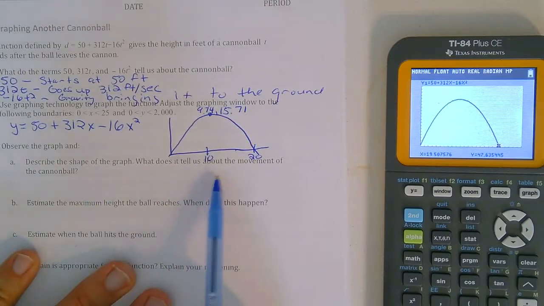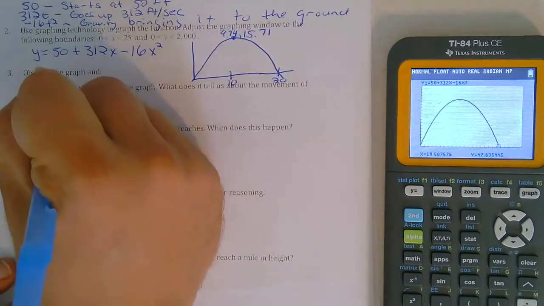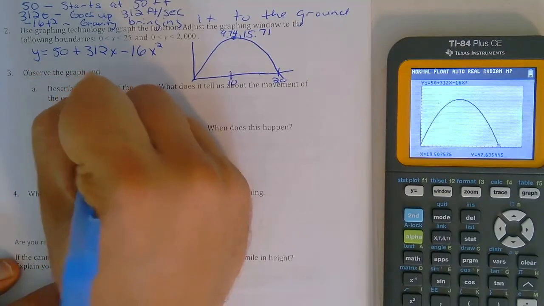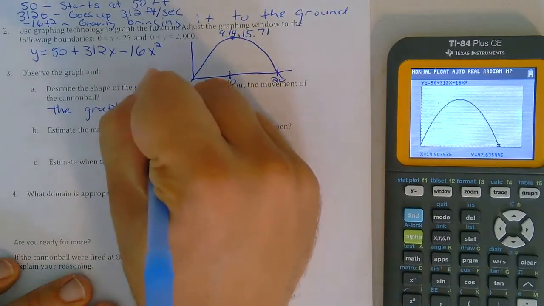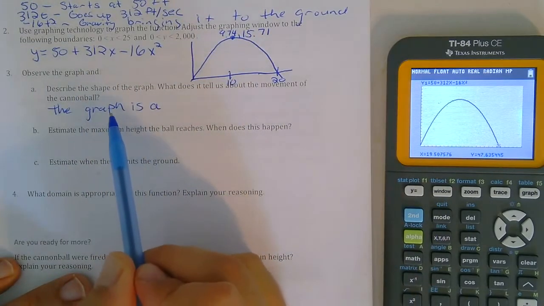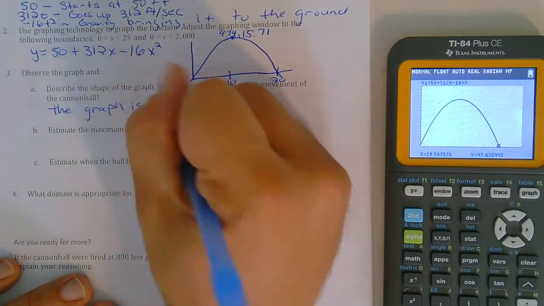So on here, describe the shape of the graph. So the graph is a parabola. And I'm going to put the graph is a U-shaped parabola. Notice it's a U pointing downward.